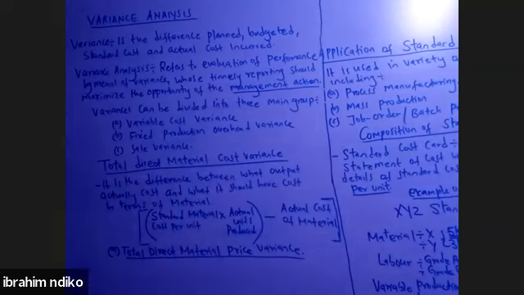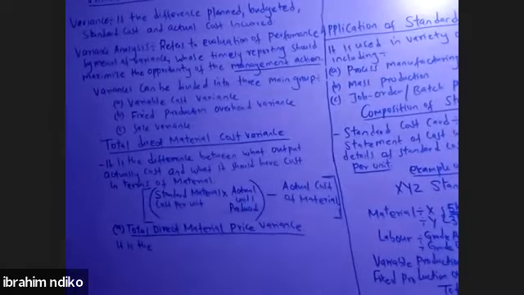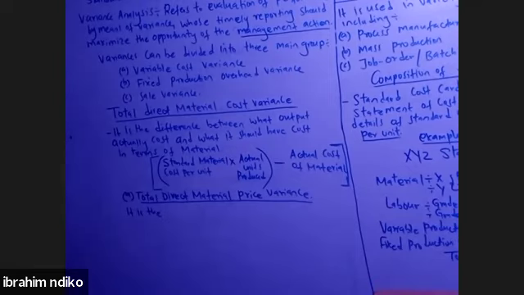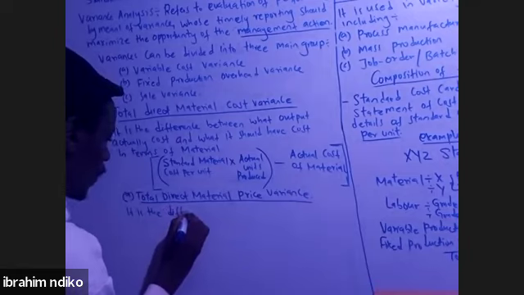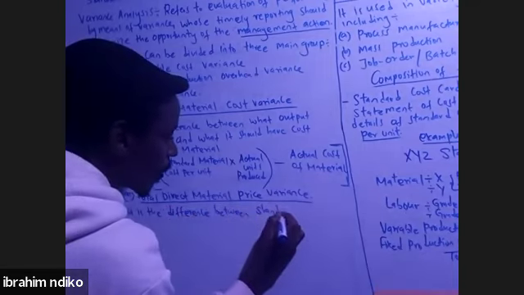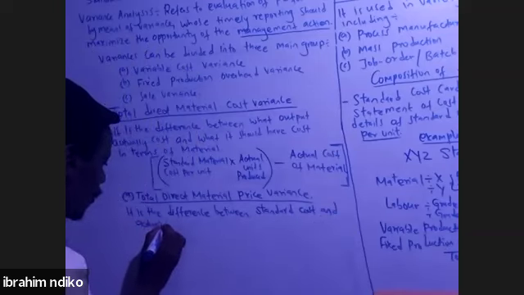Now, what can we say of direct material price variance? We can say it is the difference between the standard cost and the actual cost.